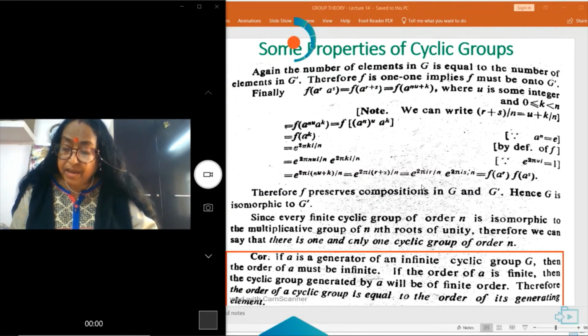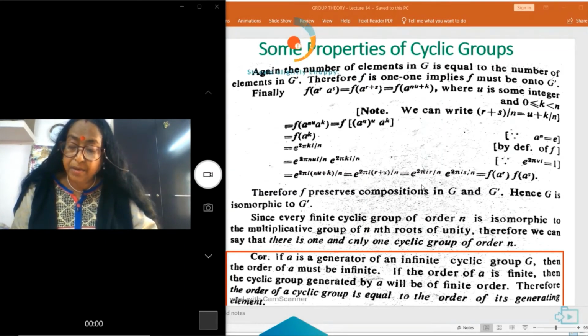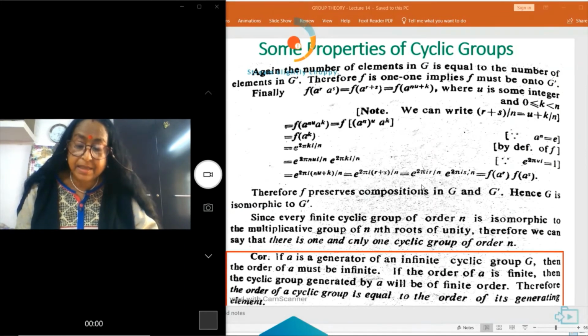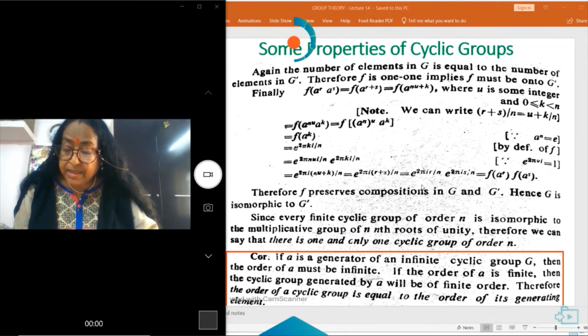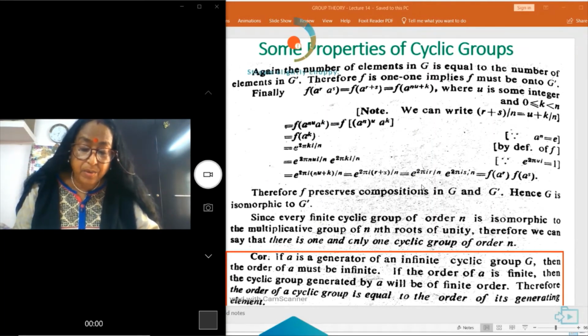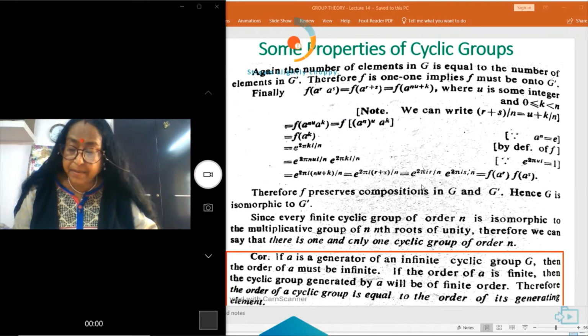Finally, f of a to the power r into f of a to the power s is equal to f of a to the power r plus s, which is equal to f of a to the power nu plus k, where u is some integer such that k lies between 0 and n. Note, we can write r plus s by n is equal to u plus k by n.